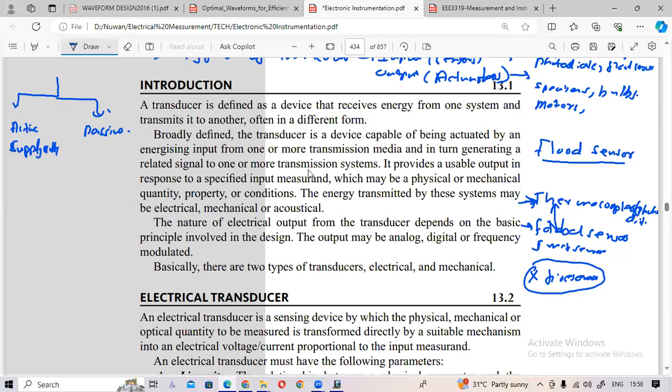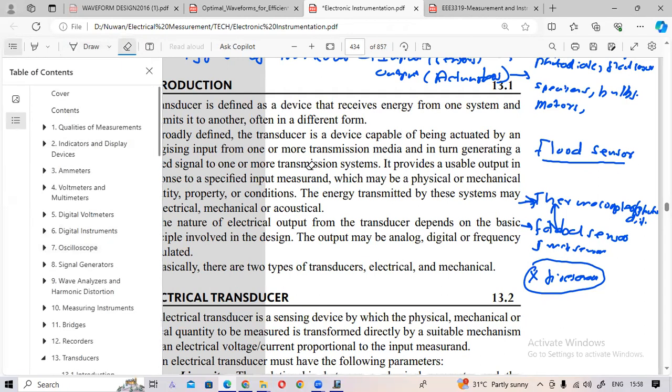So for example, many flood sensors, smoke sensors like this. It is short circuited actually. The terminals will be short circuited like this. You can write, draw it anyway. Short circuited, the cable.